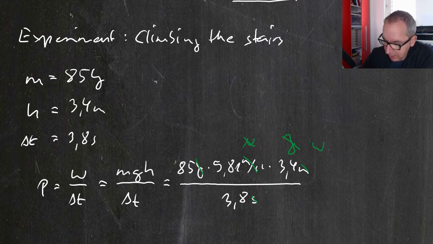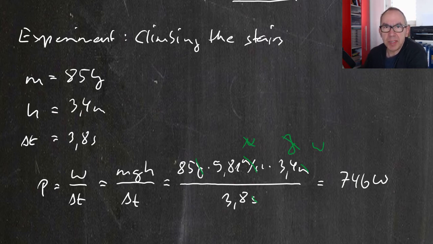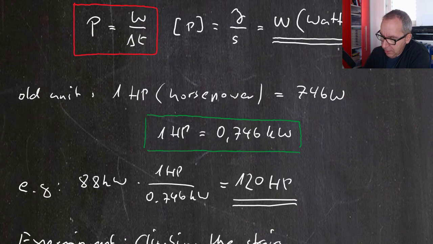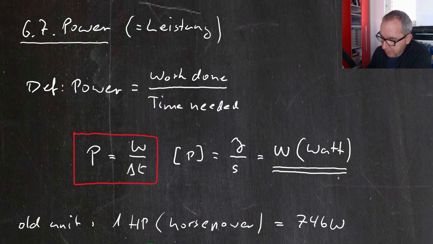So we get something in watts, and if you calculate this, you get 746 watts. We see, if we compare to the horsepower, that this guy, concerning the power, is a horse. Maybe you have encountered this name watt earlier.